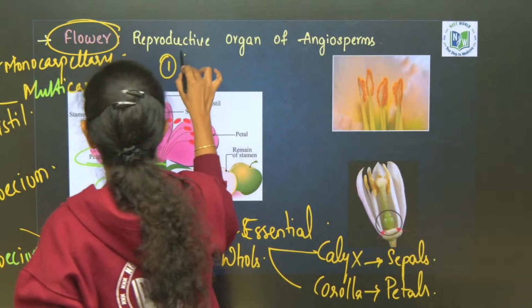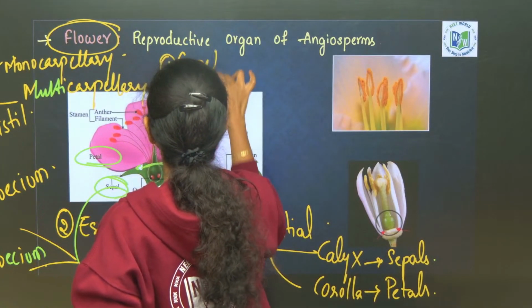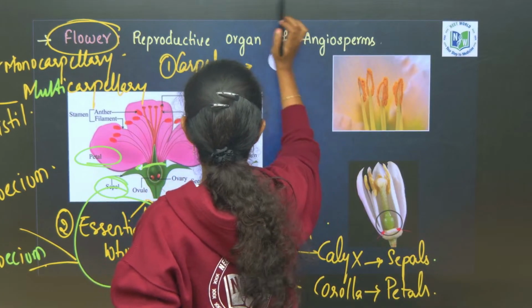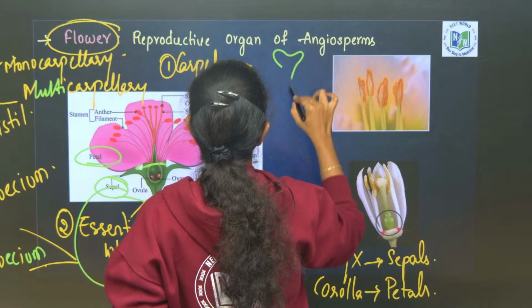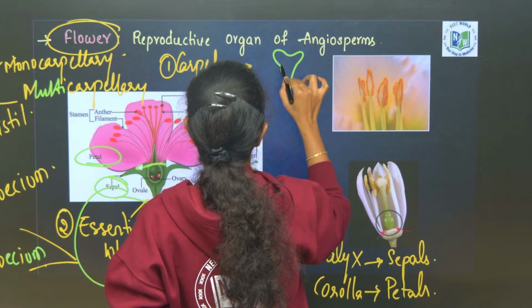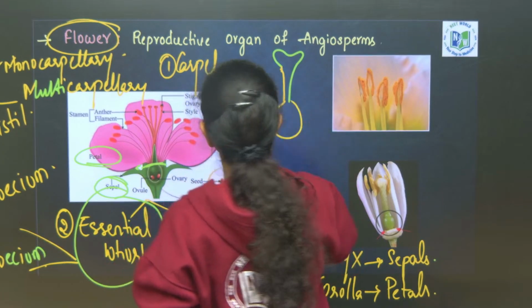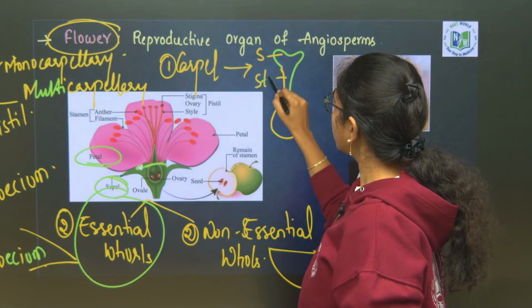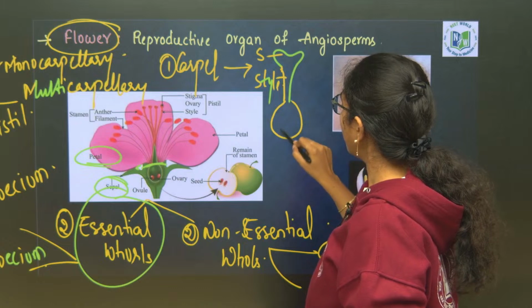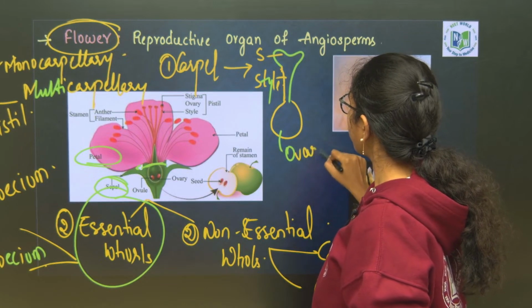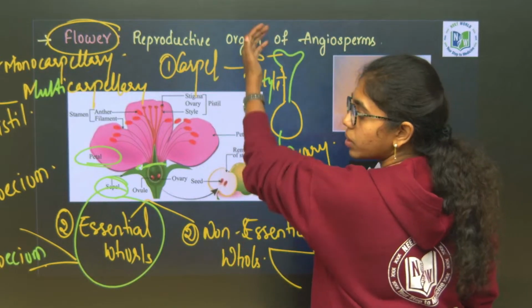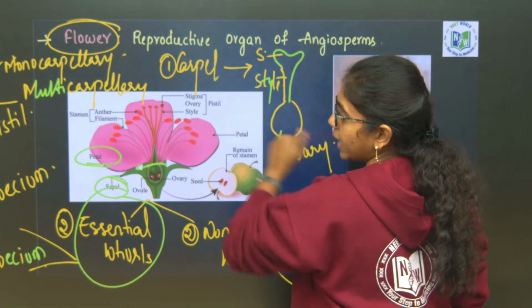One carpel is a single unit of stigma, style and ovary.